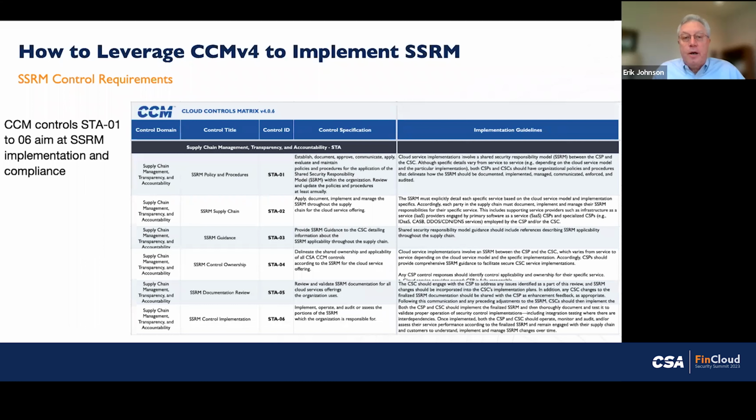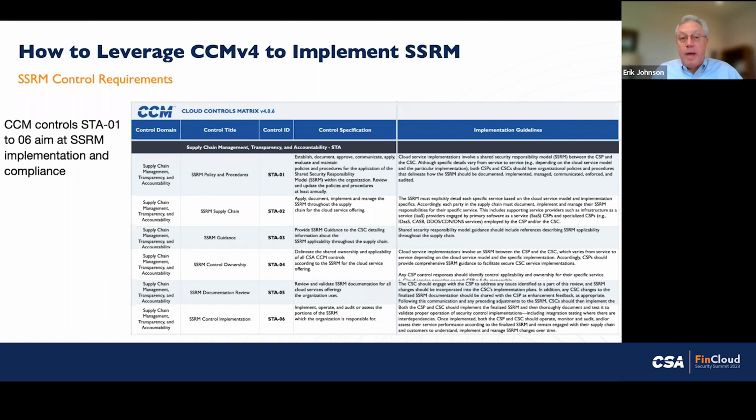And then the next controls talk about managing it over the life cycle as well. So it's not just implementing, executing, operating the service, but also from an audit perspective, each party is responsible for auditing or assessing the portions of the security controls that they're responsible for in whole or in part.